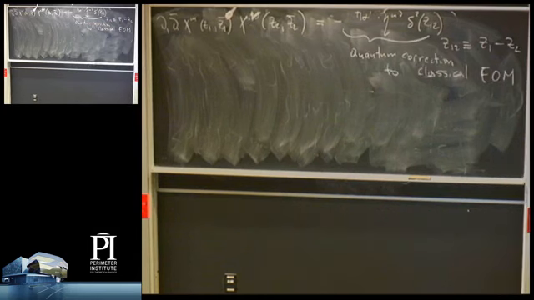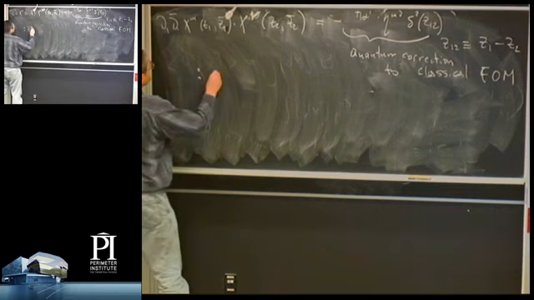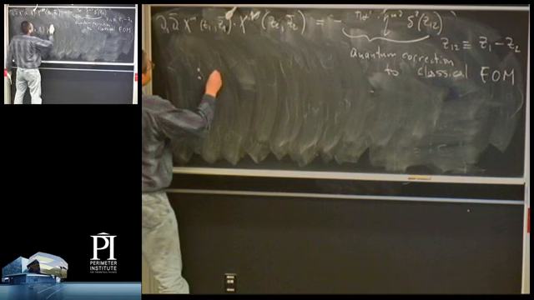So now what I want to do, here I have a product of operators, right? I want to define a product of operators in such a way that it satisfies the naive classical equation of motion. So I'm going to call it the normal ordering product. And so I want to define this.